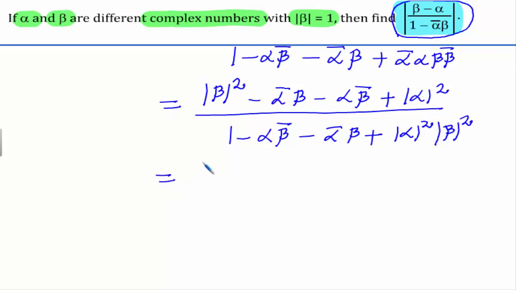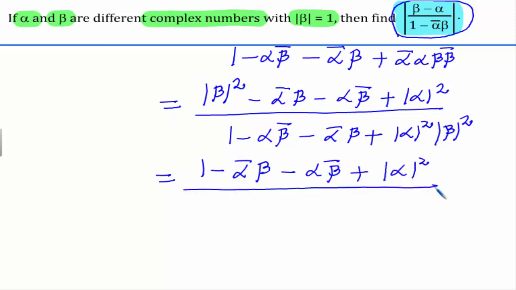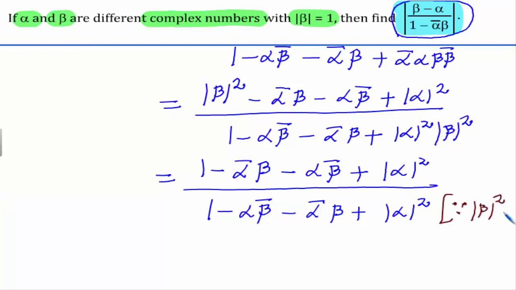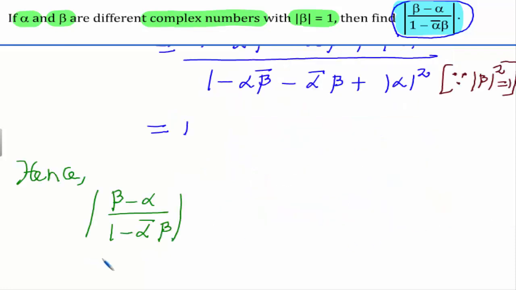This will be equal to 1 − α conjugate β − α β conjugate + modulus of α square divided by 1 − α β conjugate − α conjugate β + modulus of α whole square. Since it is given that modulus of β square is equal to 1, this will be equal to 1 since we have the same terms in the numerator and the denominator. Hence, modulus of (β − α) divided by (1 − α conjugate β) is equal to 1.